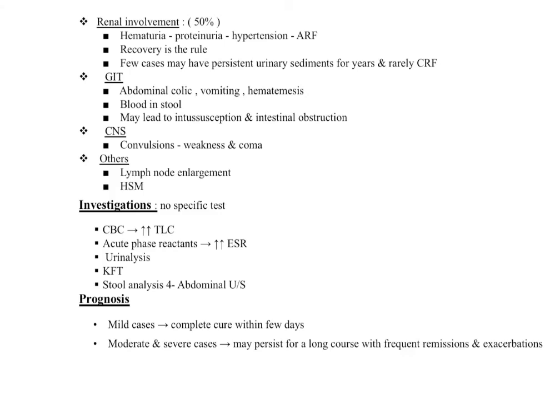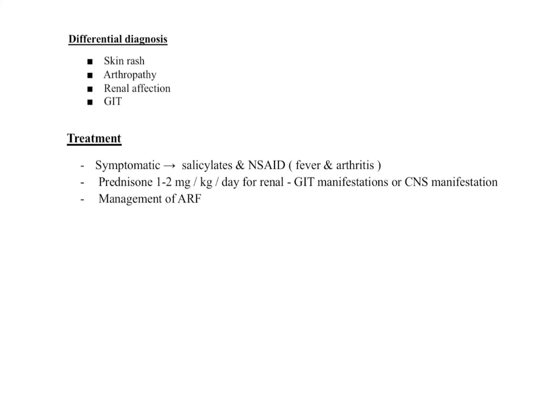Prognosis: mild case, complete cure within a few days. Moderate and severe cases may persist for a long course with frequent remission and exacerbation. Diagnosis: skin rash, arthropathy, renal affection, GIT.